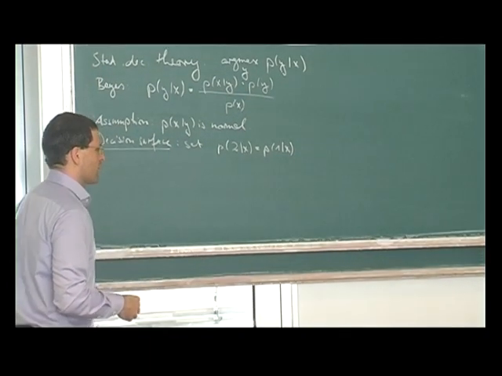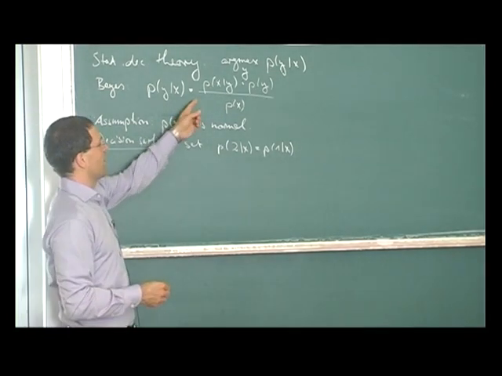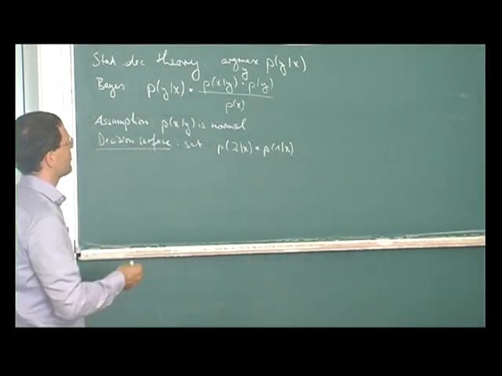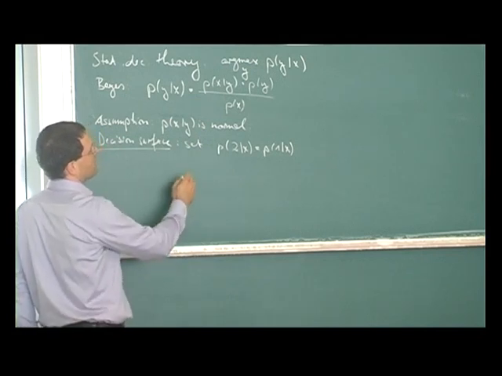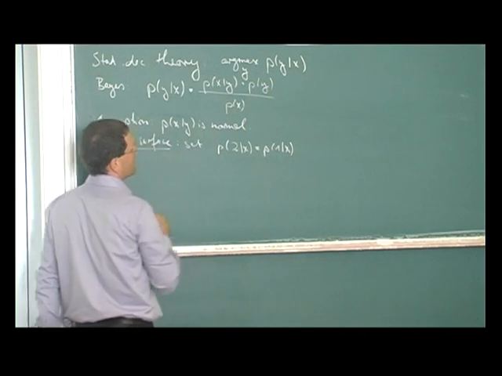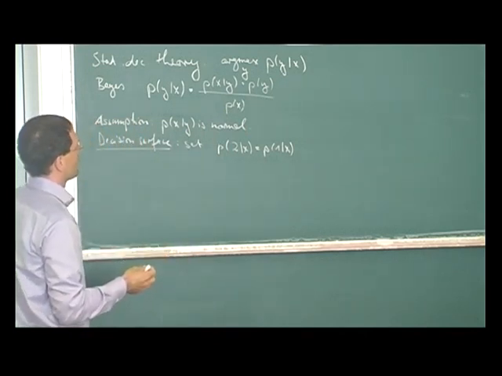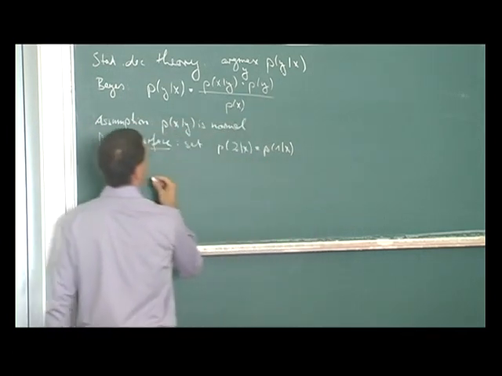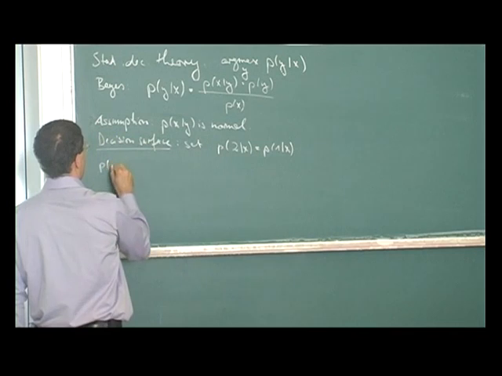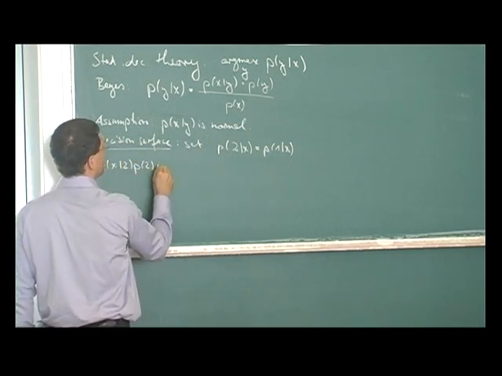And we can now insert the right-hand side of Bayes' theorem, and if we do that on both sides, we can already cancel the denominator because it's the same on both sides. So we are left with, we can equivalently write, probability of x given 2 times p of 2.